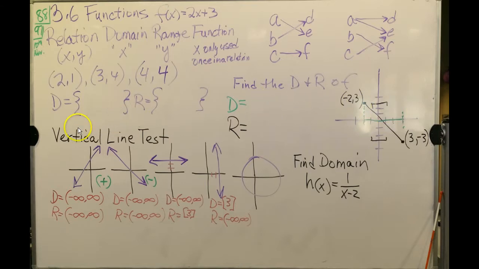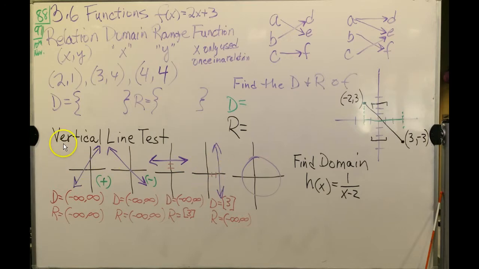All right, another test we often run across in section 3.6 is the vertical line test, in which we have a very, very thin vertical line that's going to travel over the face of the graph. You might think this is positive slope, this is negative slope, this is zero slope, this is undefined slope, or the 4 basic types of graphs.